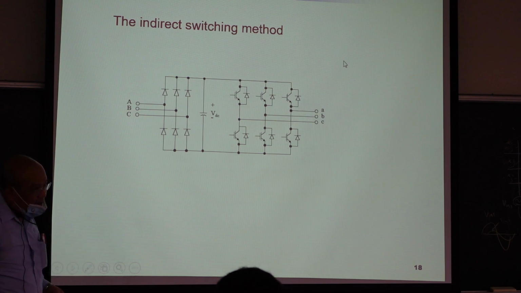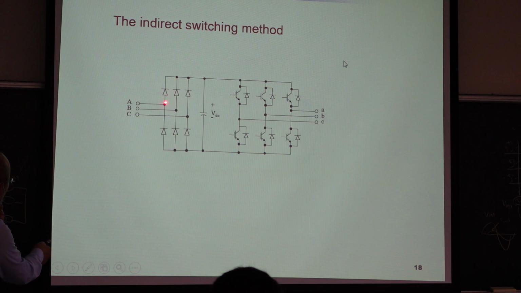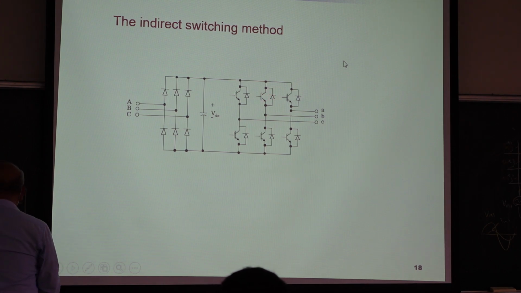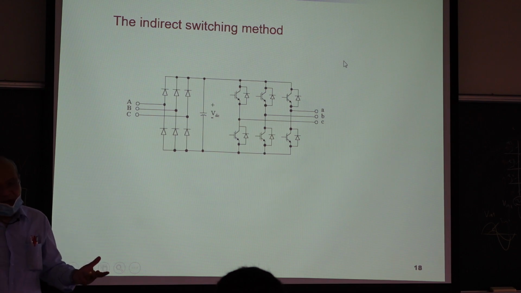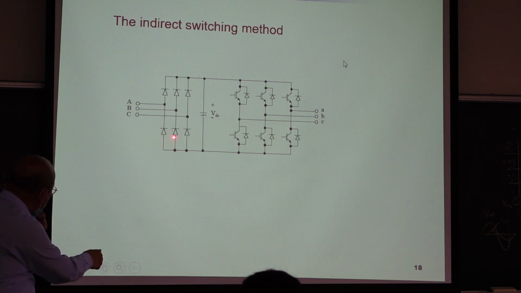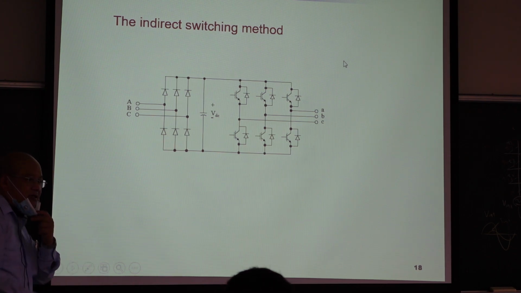So how about the devices? Which one is cheaper? How many devices do you use? 1, 2, 1, 2, 1, 2: 6 diodes, 6 switches. How about this one? You say 9 switches, 9 AC switches. So which one is better? 9 AC or 6 diodes plus 6 IGBT?